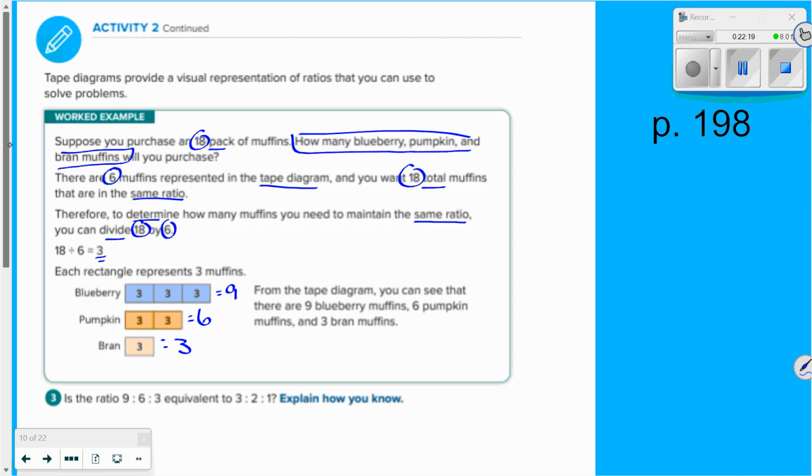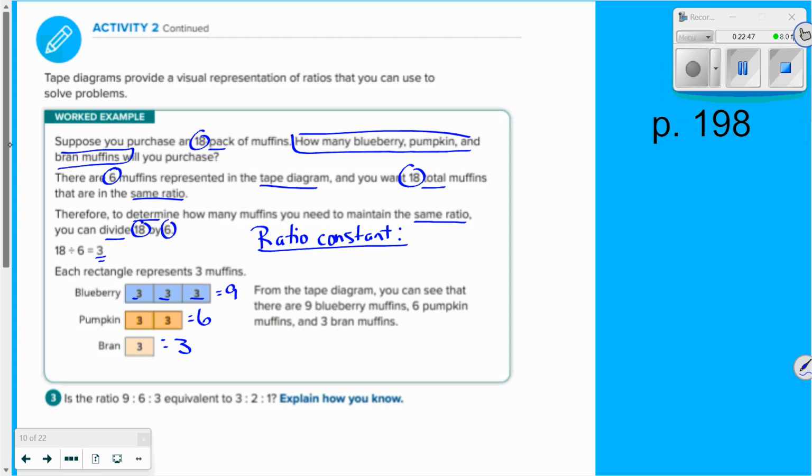So here's the one thing that drove me crazy when I was teaching myself how to do these tape diagrams. Technically there is no math word for that number. So I made up my own math term to help us discuss it. I want everyone to write this definition down. What we're going to call that number is a ratio constant.